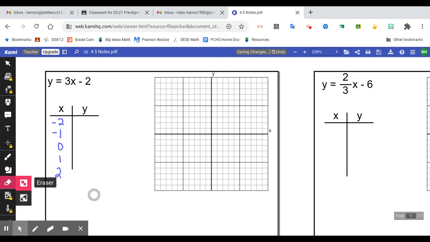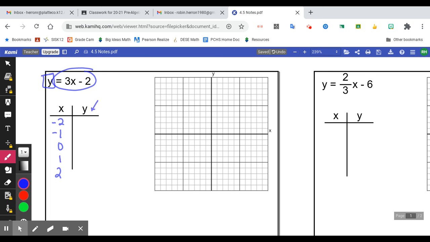And I am going to put those values into this equation and see what I get for y as my answer to go on this side. So here I go. 3 times negative 2 minus 2. So I'm taking this value and plugging it in for x where it should be. That gives me negative 6 minus 2 is negative 8.